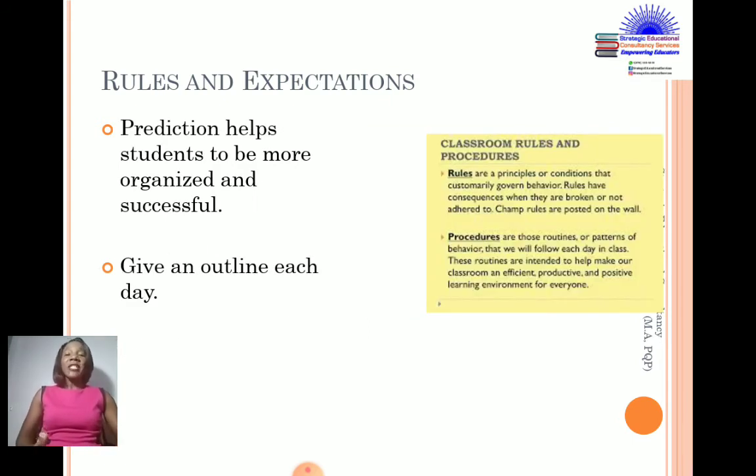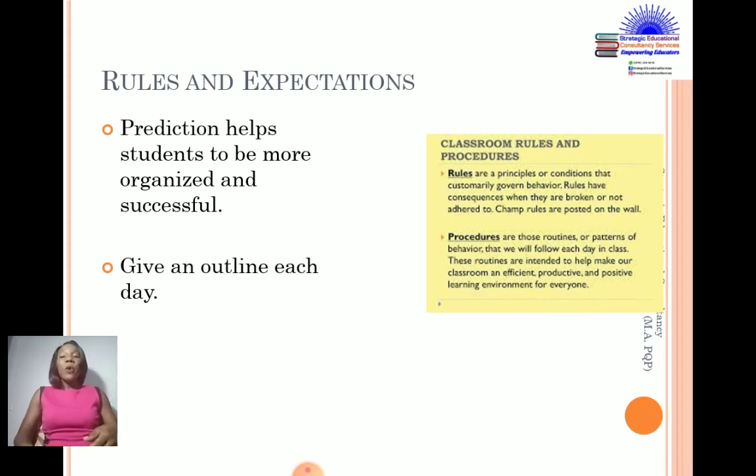Now, another aspect to the rules and expectations is that because you have an organized way in which you are going about presenting these rules, these procedures, these observations, what it is that you want from the students, it helps them to be organized, and in the end they become successful because they're able to predict what should come next. You'd have set an outline that once you're through with your classwork, then you can move on to reading the next topic.